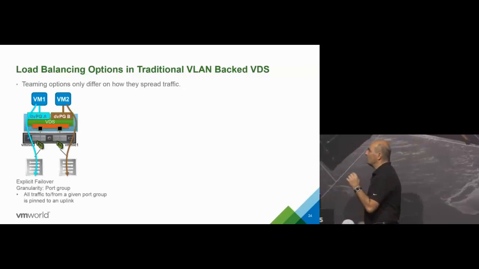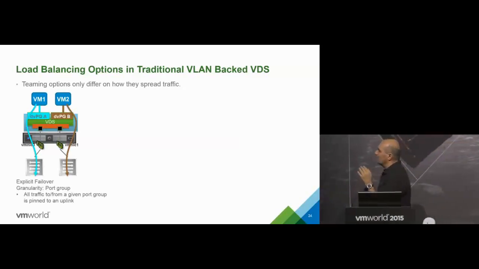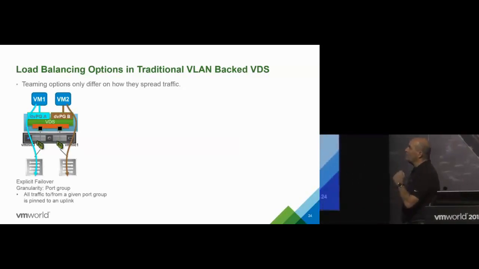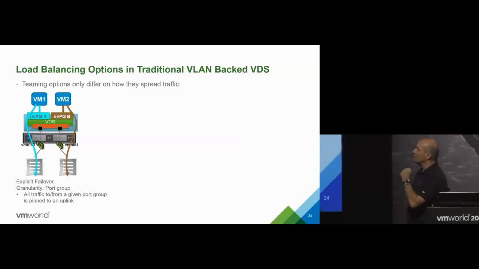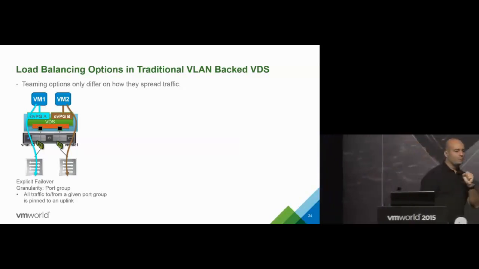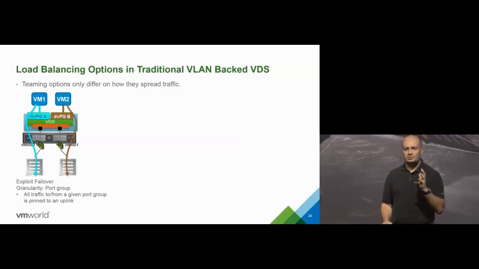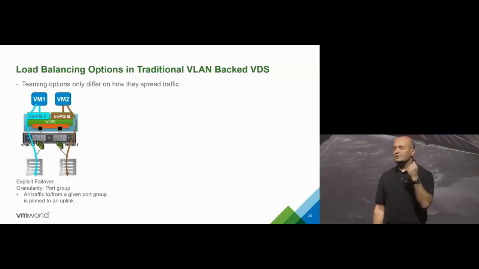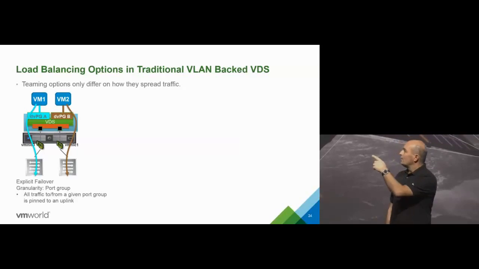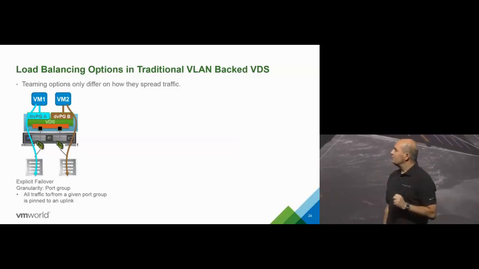So when we're talking about pinning traffic on a host running a VDS, we have 3 main ways of doing it. We can do this at different granularity levels. One granularity level is at the level of a DV port group.